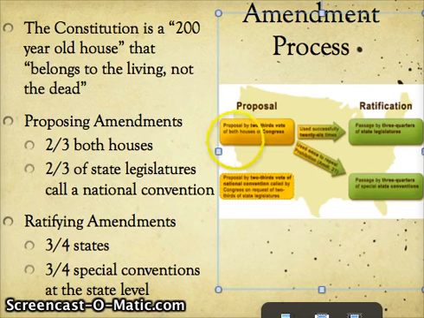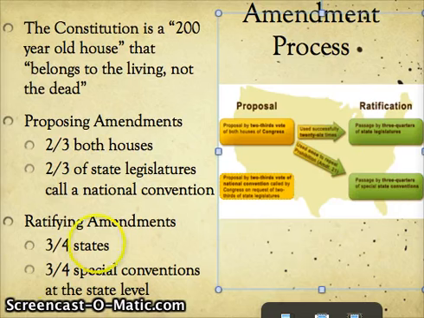Now, this process of proposing by a 2/3 vote of both houses of Congress to passage by 3/4 of state legislatures is the most common form of amendments. That's 26 times we amended the Constitution that way.